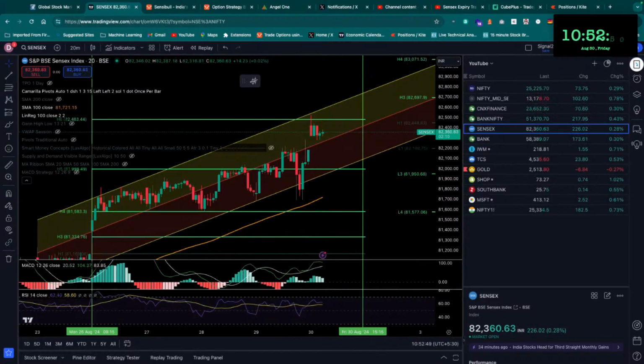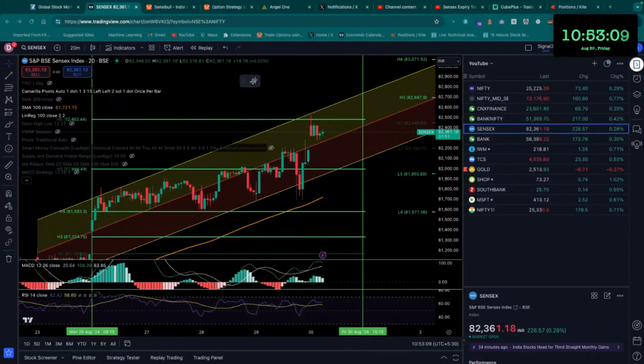I have put only one stop loss right now. This is for 82,500 CE, and in fact this was a trailing stop loss. Right now I have put the stop loss at about 124, and I would exit half of the quantity in case it hits.